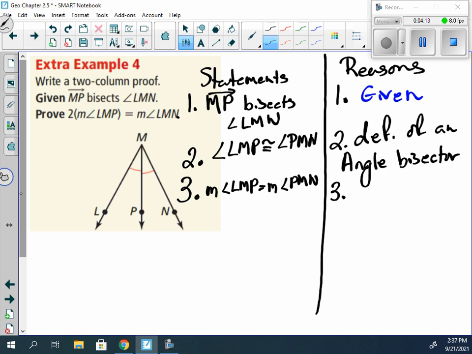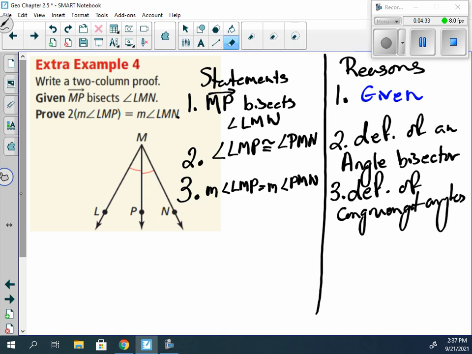We know their measures are going to be the same because they're what? Congruent. So we know that they're equal because of the definition of congruent angles.